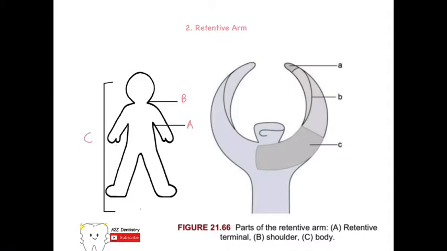So we can remember this easily as body, shoulders, and the most distal part, the retentive terminal. In our body, we can remember this as the shoulder joint, or as our fingers, the most distal or terminal part.